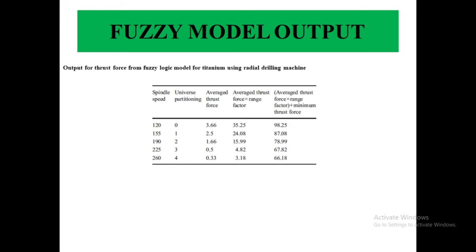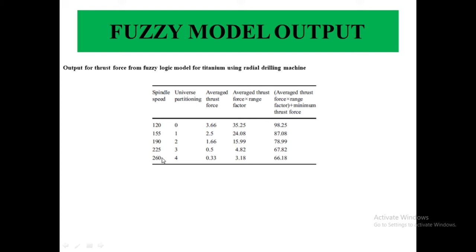Next, the fuzzy model output. Here you see the output for thrust force from the fuzzy logic model for titanium using a radial drilling machine. According to my experiment, I took titanium as the workpiece material and HSS as the tool material, so my experiment considers spindle speeds of 120, 155, 190, 225, 260.